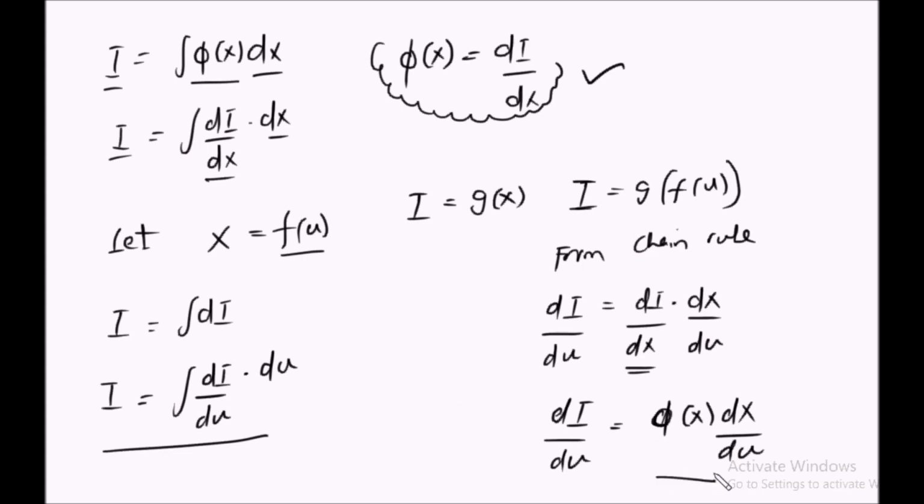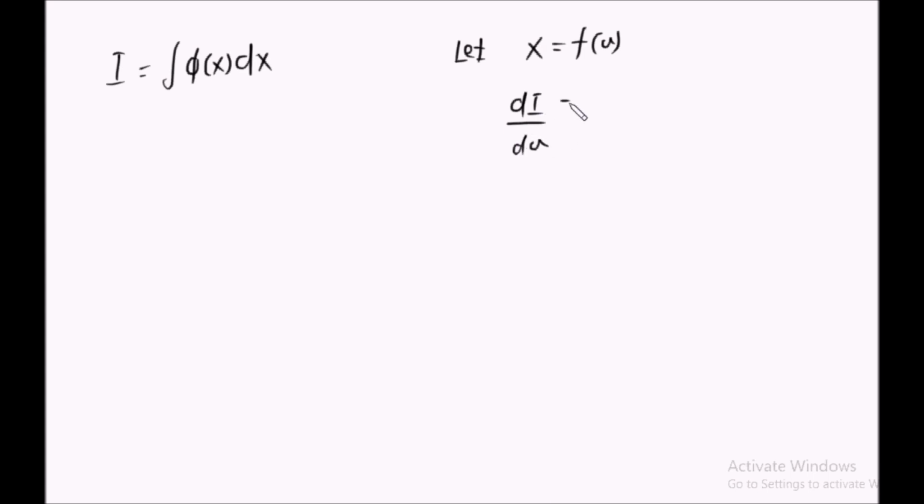So let me just say hivi, tunashughulika na huyu jamaa. Okay, tumelet u is a function of nini, I mean x. So sorry about that. Tumelet x is a function of u, alafu tumesema di du ni sasa na phi of x dx du.